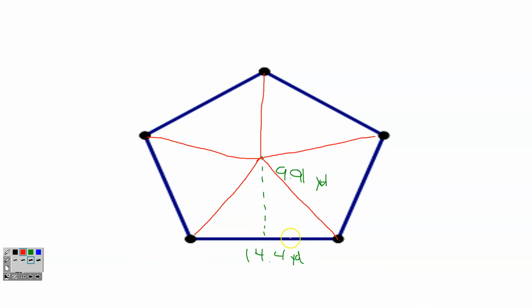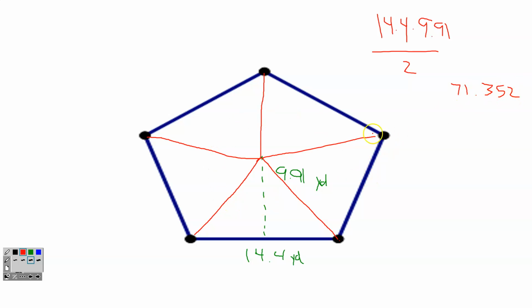Okay, so the triangle method says I do my base, which is 14.4, times my height, which is 9.91, and don't forget to divide that by 2. So I'm going to type in my calculator 14.4 times 9.91 divided by 2, and I come up with an answer of 71.352. Now remember, that's the area for just one of these triangles.